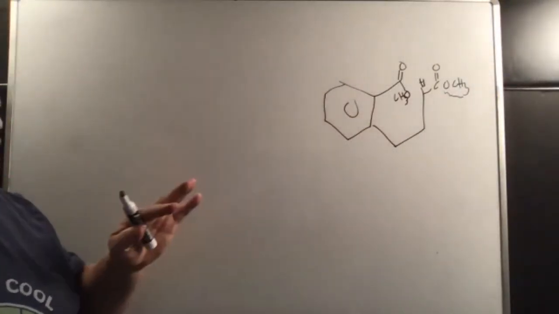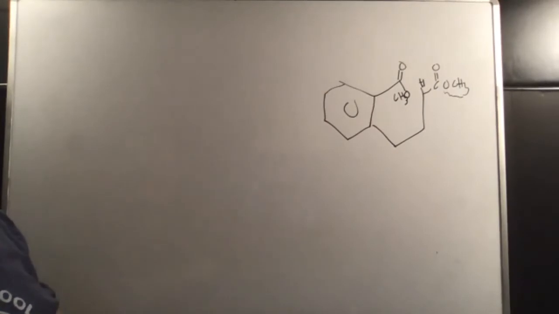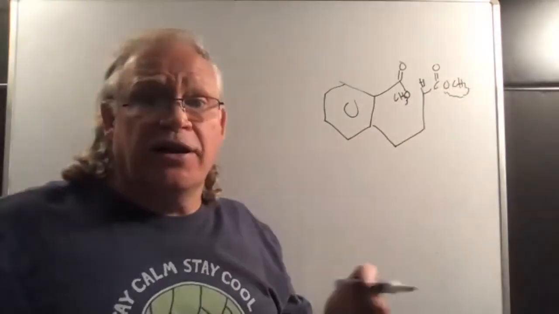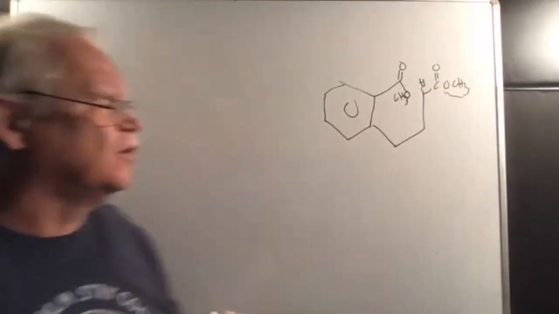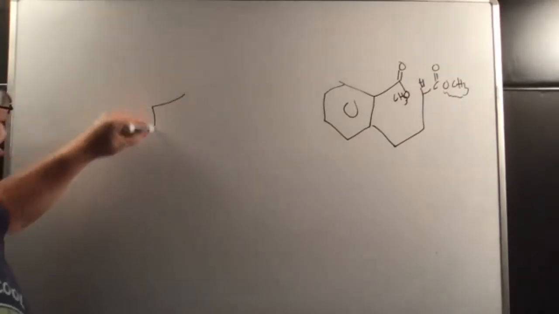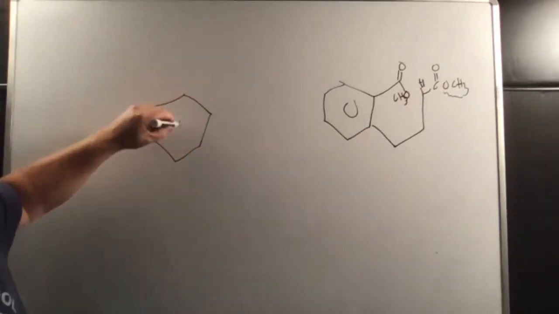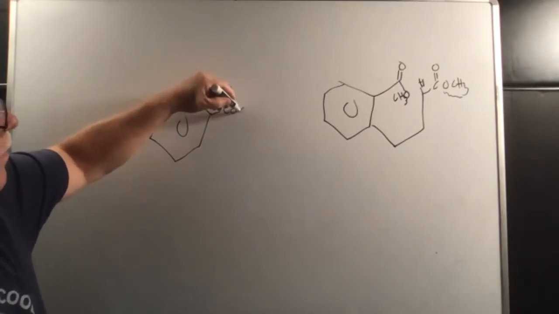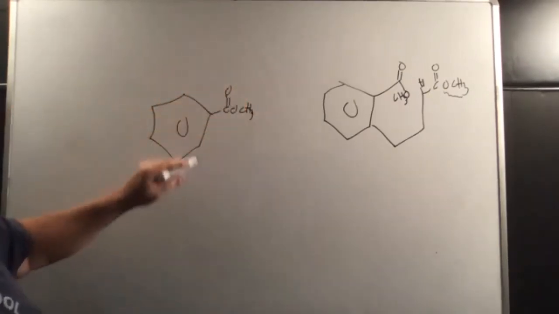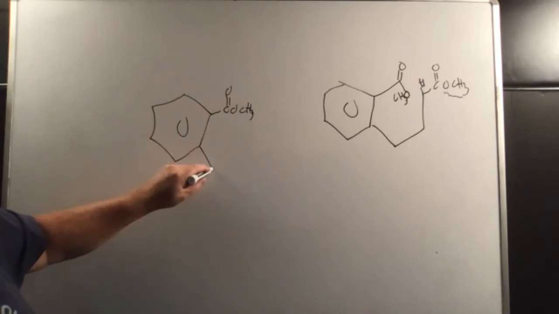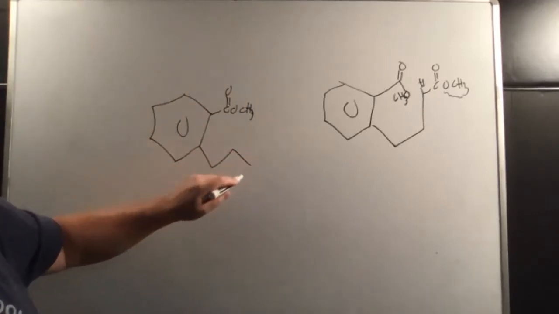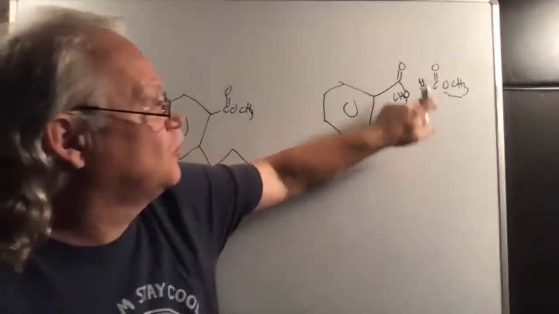So we're going to break that alpha beta bond, adding a hydrogen to the alpha carbon, and then whatever other piece is necessary to make it the correct ester. And then I can redraw that. And then notice I have 1, 2, 3 carbons. 1, 2, 3.